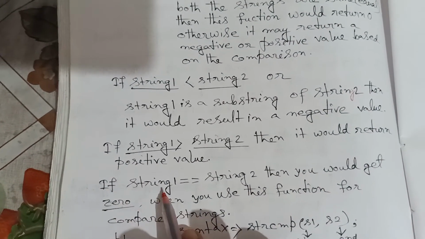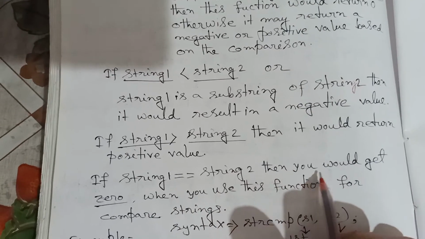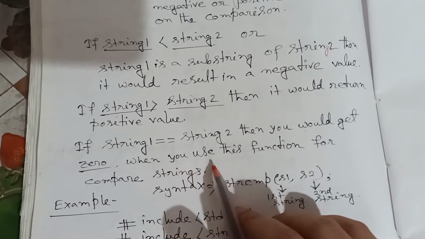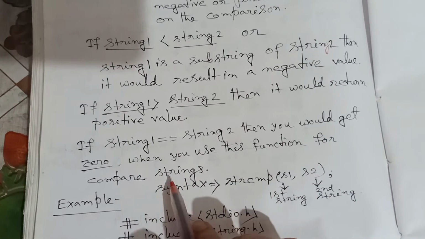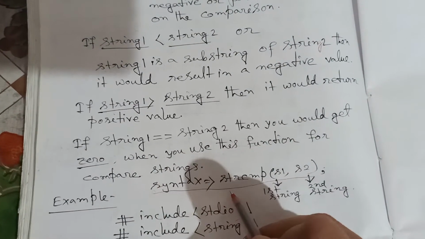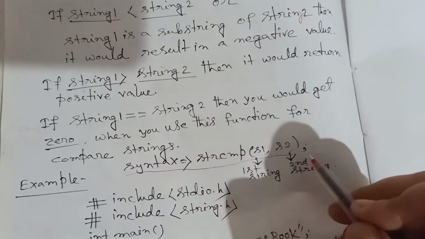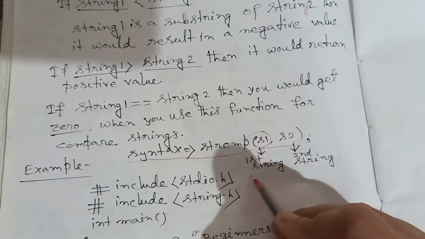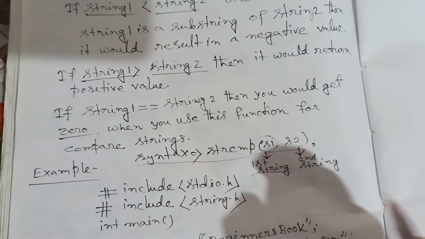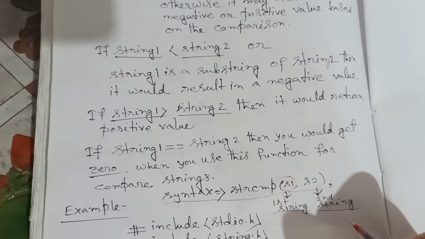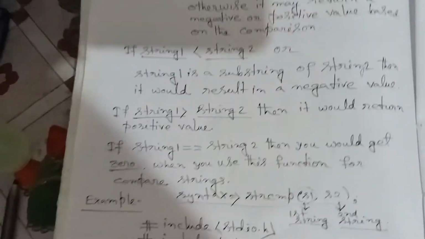If string 1 equals string 2, then you would get 0 when you use this function to compare strings.